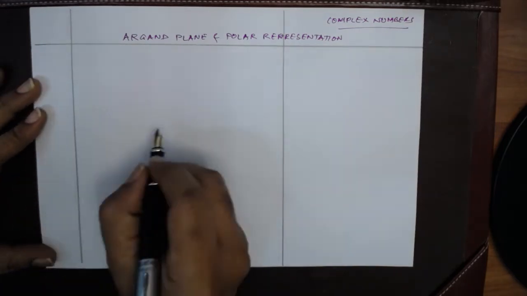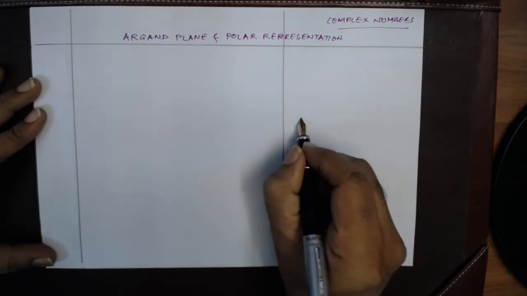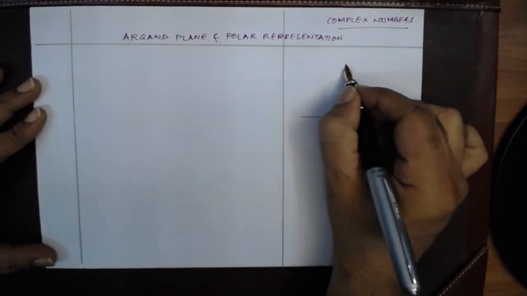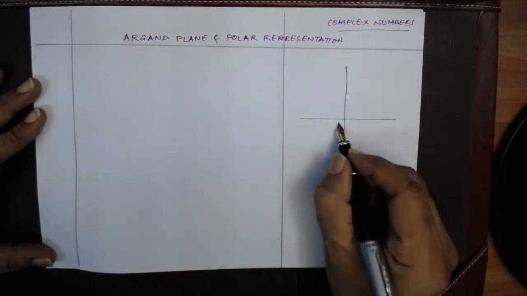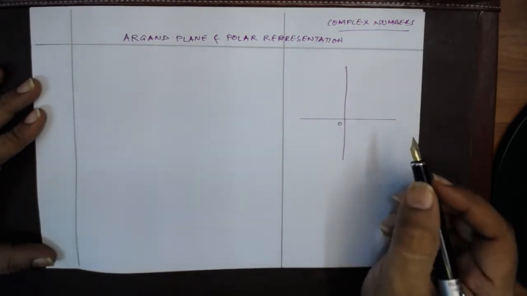Let us consider an x-axis, y-axis. O is the origin, 0, 0.